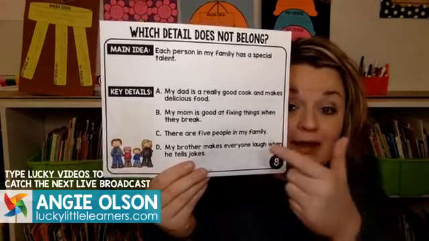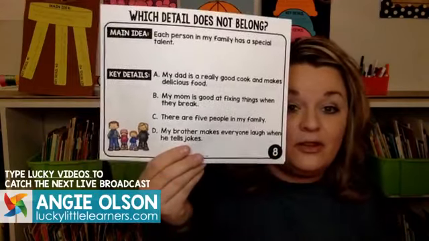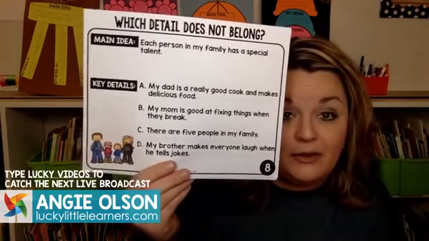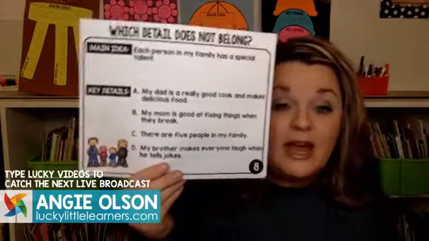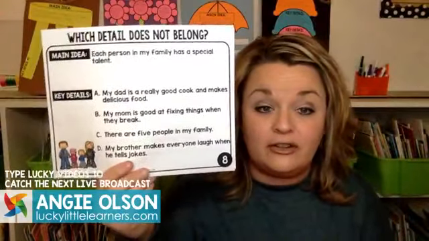But instead, I'm going to pick something that goes somewhat with the main idea, but it's not a key detail. So for this one, obviously C, there are 5 people in my family, would be the detail that does not belong. So an activity similar to this would be a great activity to continue to scaffold that process of learning main idea and key details.